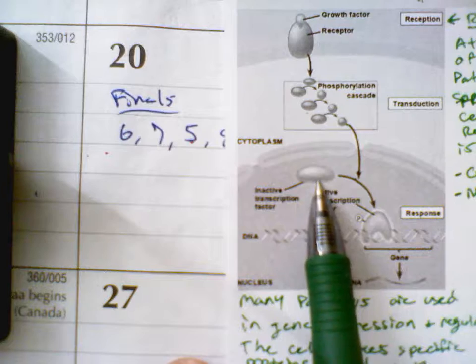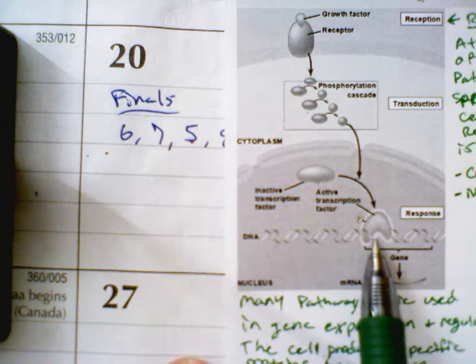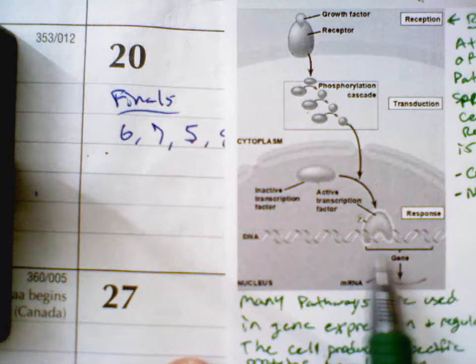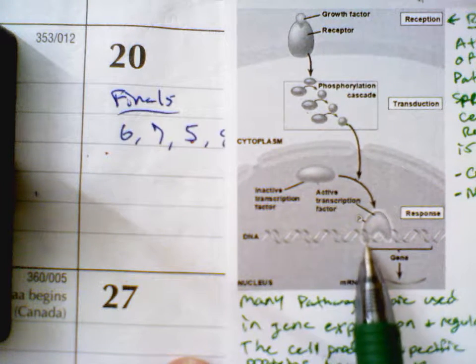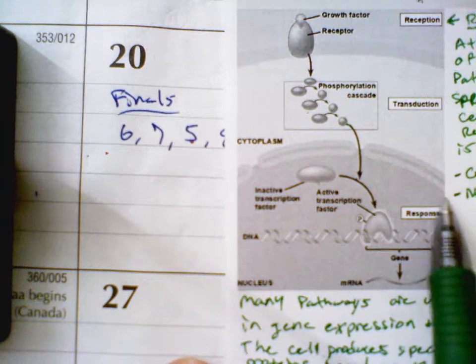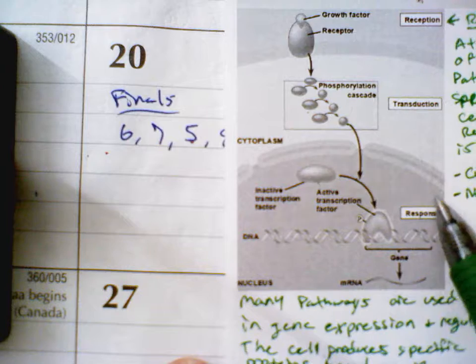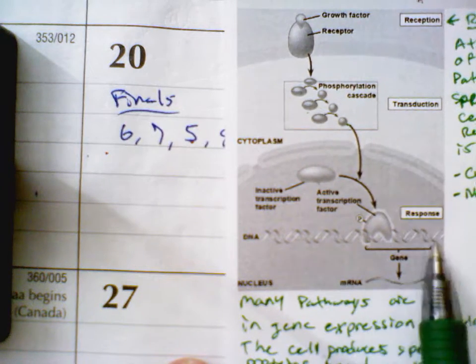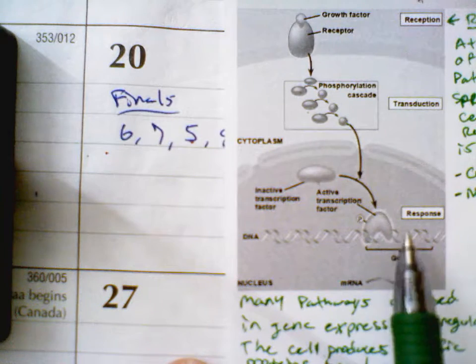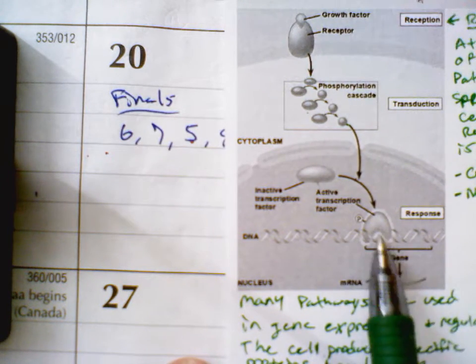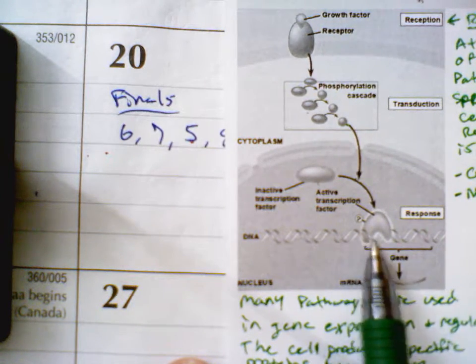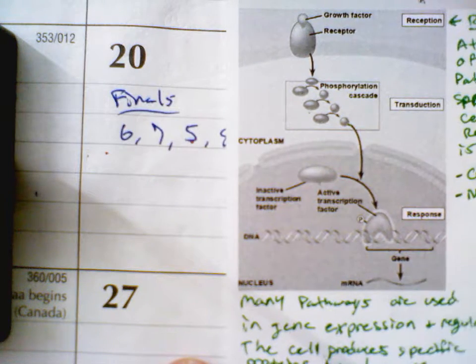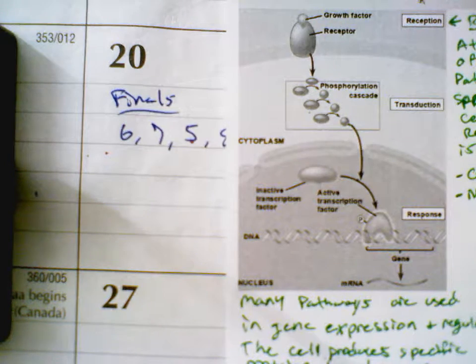That transcription factor is then going to latch on to a specific region of coding DNA, so a gene, at the very beginning of that gene, and it's going to basically recruit the RNA polymerase, the enzyme that actually reads this gene to make messenger RNA. It recruits it to bind to the beginning of the gene and read until it reaches a termination sequence.